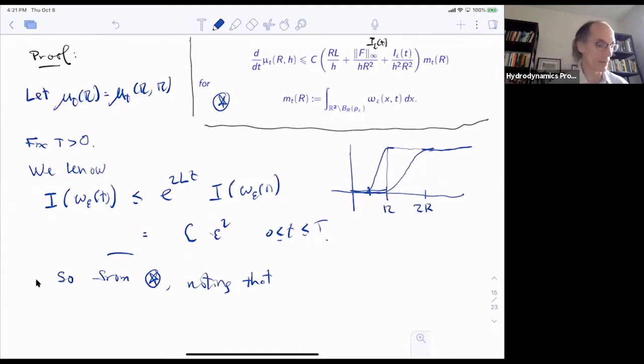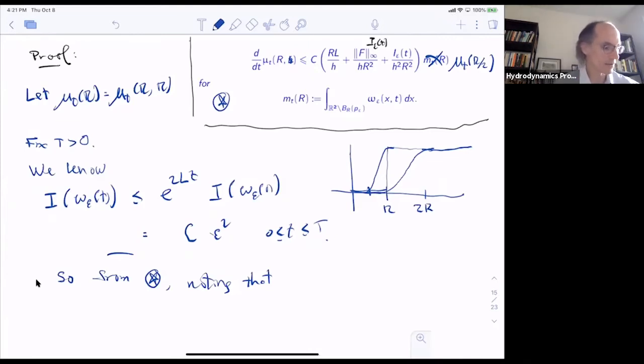And so I can replace this by mu_t of r over 2. Okay, I've just made the right hand side bigger.